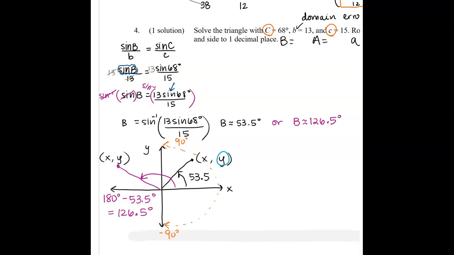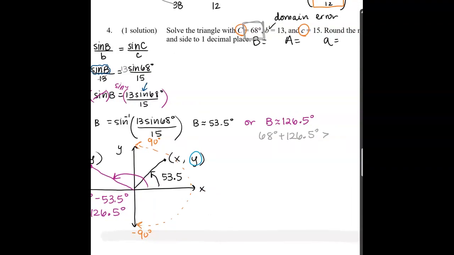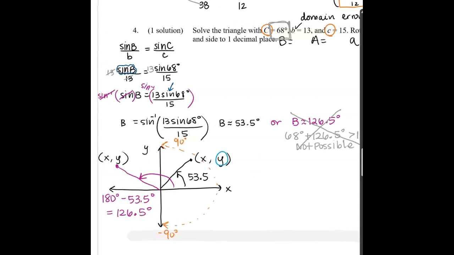How we determine whether or not we're going to keep that option is we have to look at the fact that we already have 68 degrees on the inside of the triangle. We know that all of the angles in the triangle have to add up to 180 degrees. And if we take 68 degrees and add it to 126.5 degrees, well, that's bigger than 180 degrees. So this is not possible. So it is possible that the only angle for B is what the calculator gave us, because the calculator gave us that 53.5.